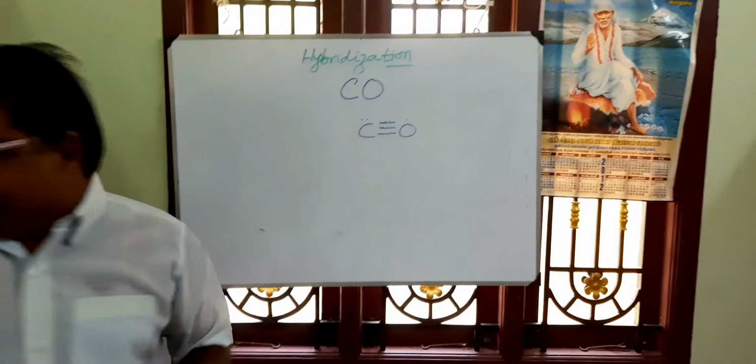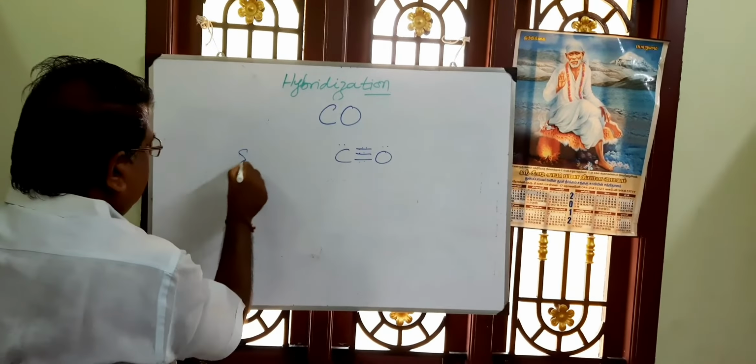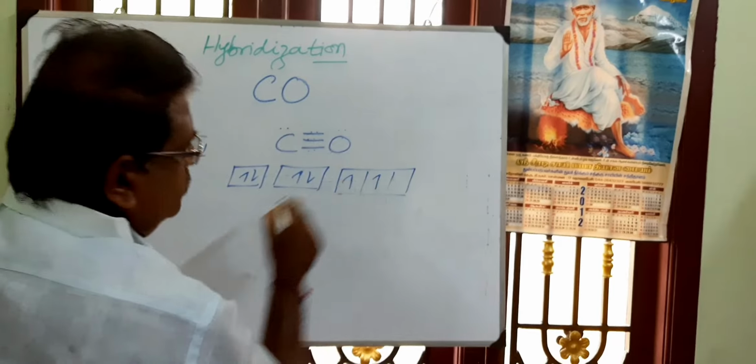Now, step number 3. First, the ground state electronic configuration of carbon is 1s2 and 2s2 and 2p2.